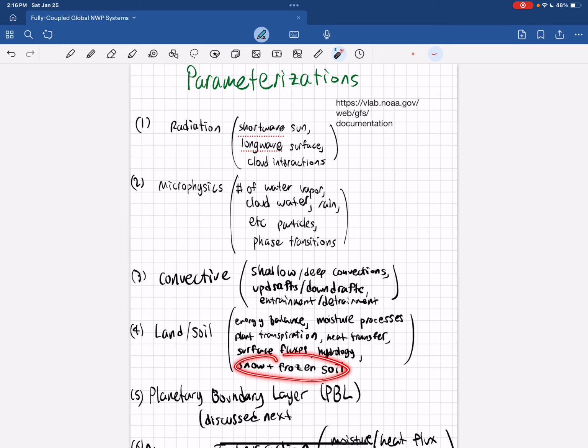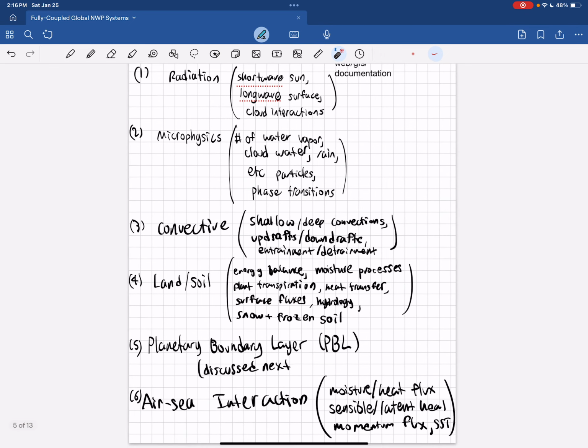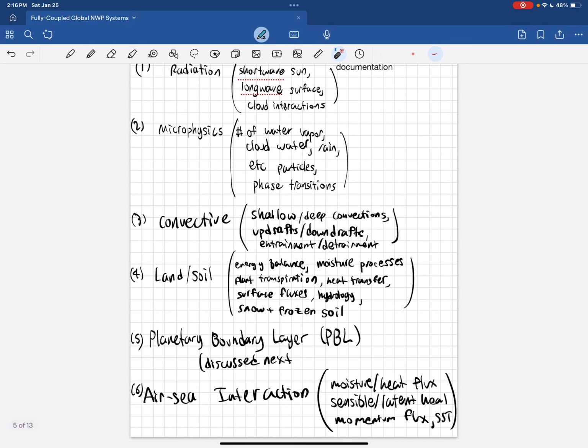And also there's snow and frozen soil as well. And also I would say another one is soil types, surface roughness, which have an effect on the air and thus also convection.